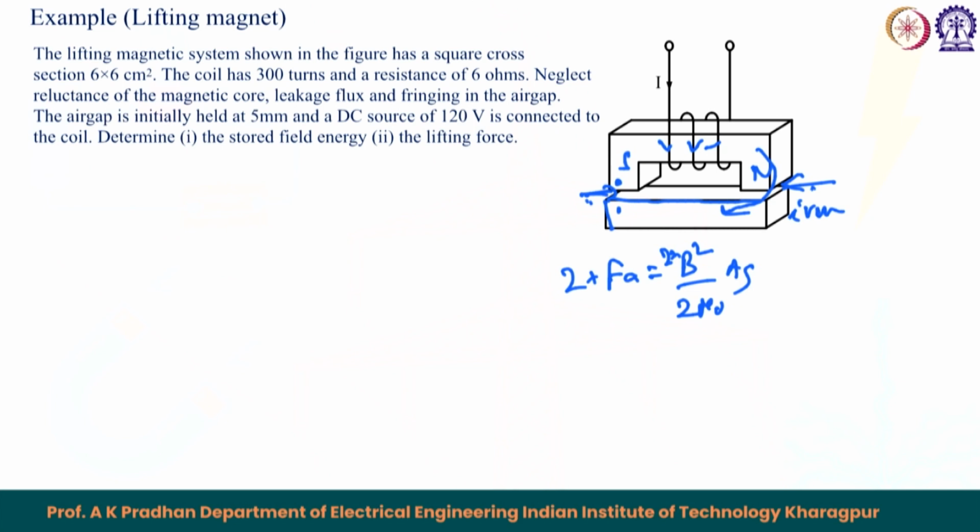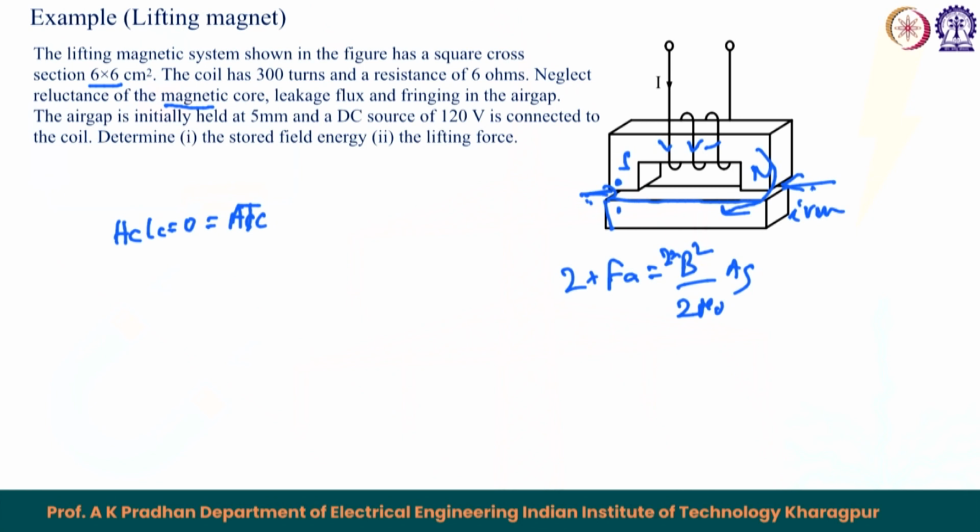So, see this example now. The lifting magnet system shown in the figure has a square cross section of Ag equals 6 into 6 centimeter square. The coil has 300 turns and a resistance of 6 ohm. Neglect reluctance of the magnetic core. So, that is the same, that Hc Lc equals 0, ampere turn in the core becomes equal to 0.